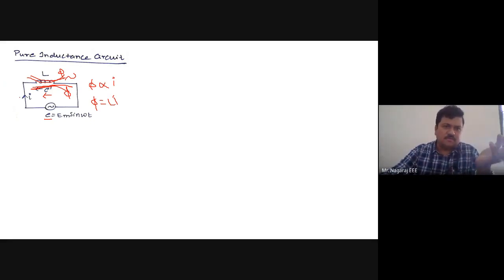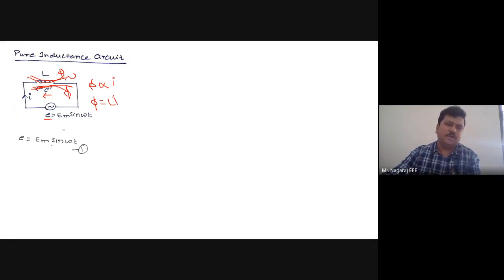The cause of this EMF is the current, and the cause of current is voltage. So this induced EMF will oppose the voltage, so E dash is taken to be opposite to that of E.